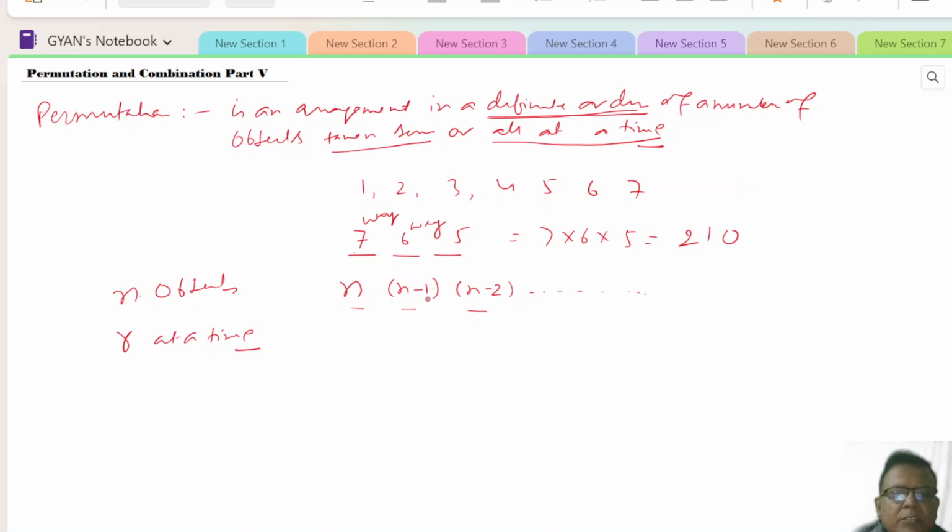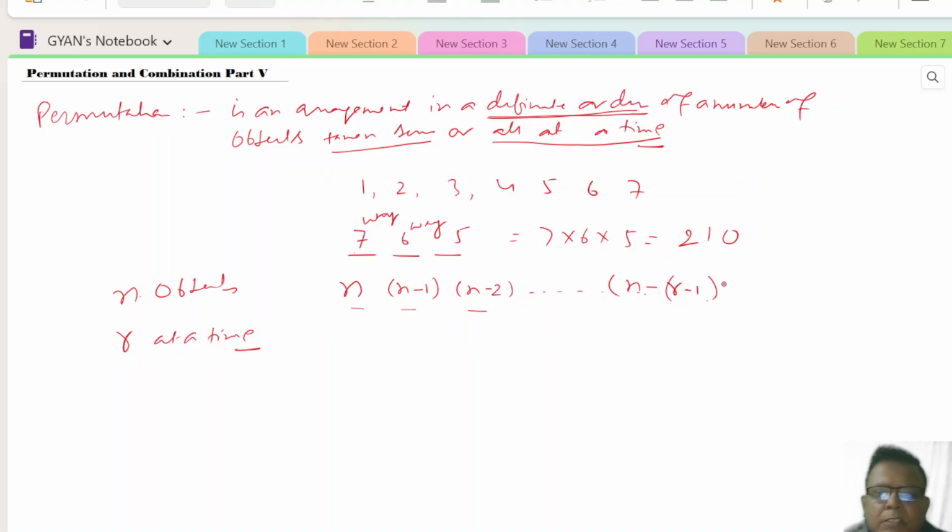So here n minus 0, here n minus 1, and here n minus r plus 1.